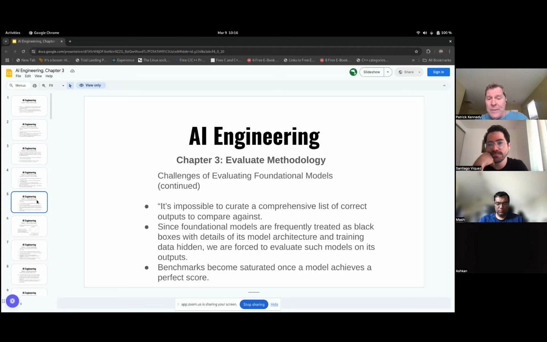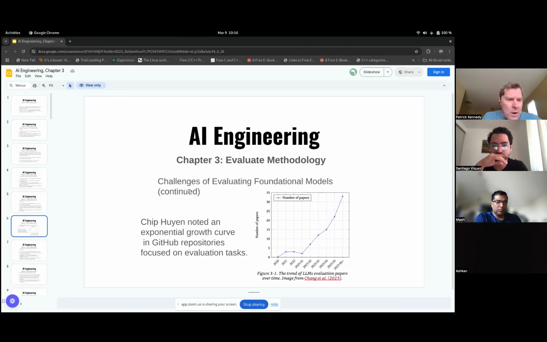And this is a problem because once you hit a perfect score, it's not as effective in terms of being competitive with future developments, because it's sort of saturated at that point. It makes it hard to define and clarify whether a model is competitive with newer models.